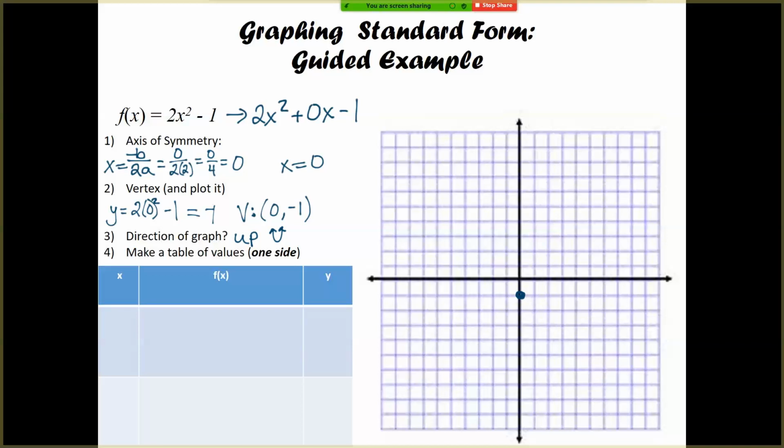If I was making a suggestion, I would say the positive ones. So take a minute and see if you can find those other 2 points. If you're feeling brave, go ahead and graph them and reflect to see if you can get your final graph.